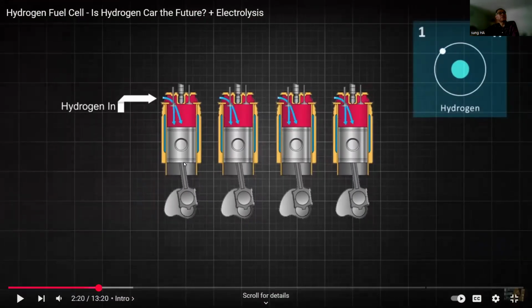Okay, this is a very conventional method of using internal engines. Now in this internal engine, instead of gasoline, we can supply hydrogen. So in this case, of course, we can use it as mechanical power.